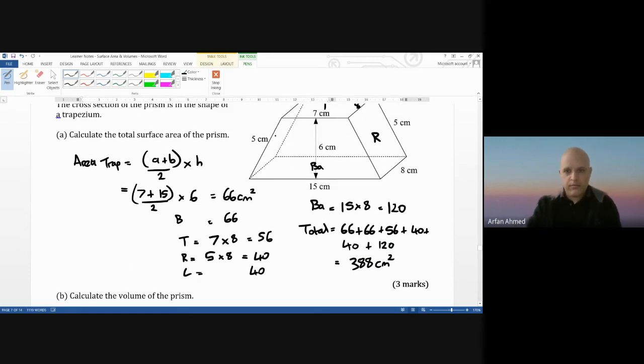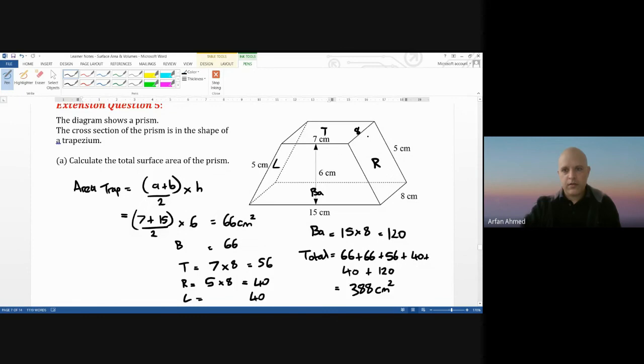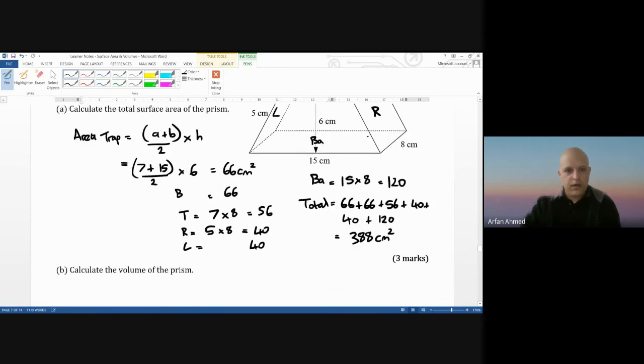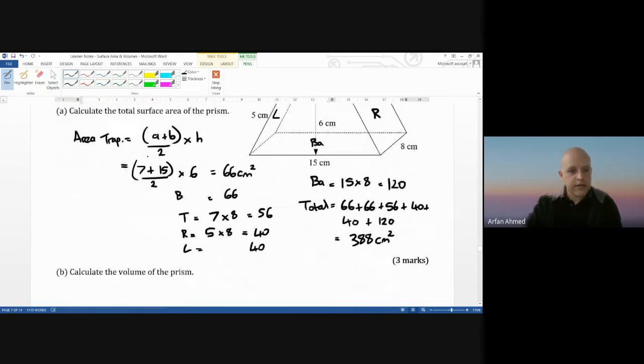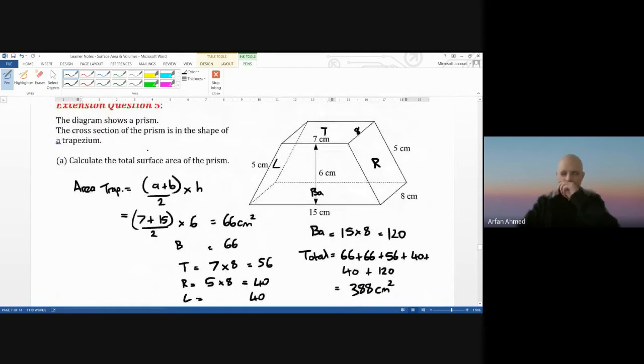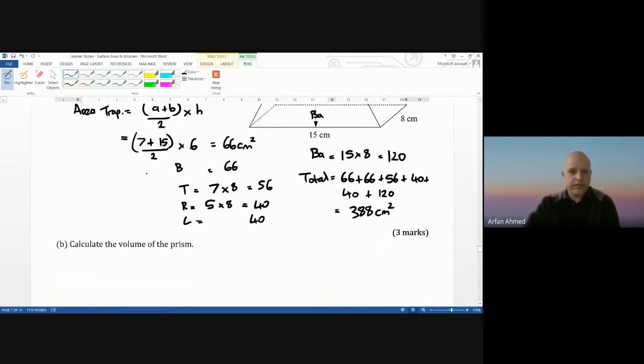That's good enough. What have we done there? Area of the trapezium. So that bit's done. Then it says calculate the volume. So again, we're going to need the area of the trapezium, which we've done.